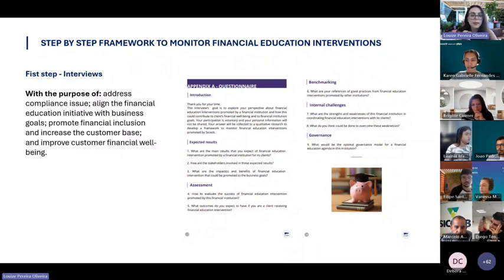But the main idea here is to address compliance issues in our country and align the financial education initiative with the business goals. This is very important to align things and to have coordinated and intentional actions. And for sure, to promote financial inclusion and increase the customer base, improve our business, improve our brand.